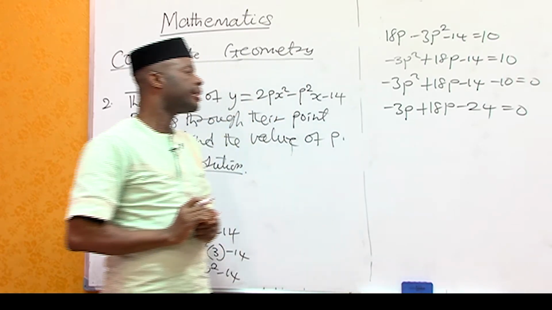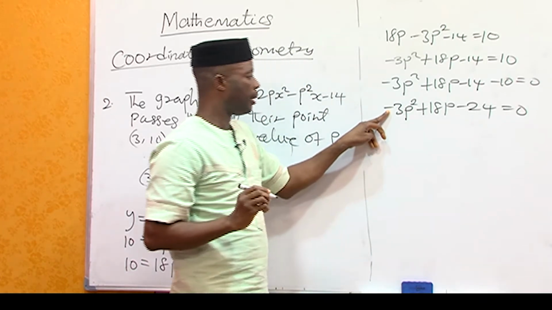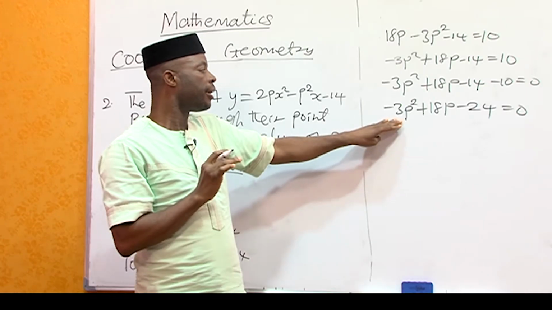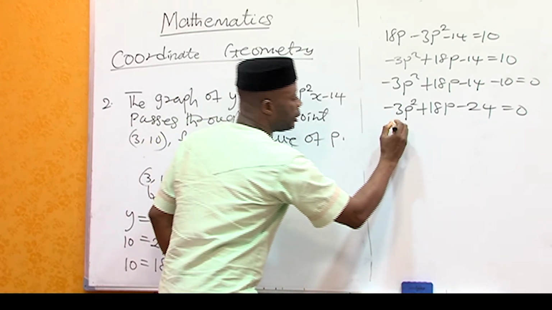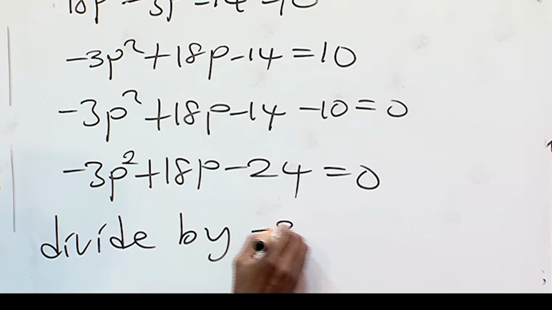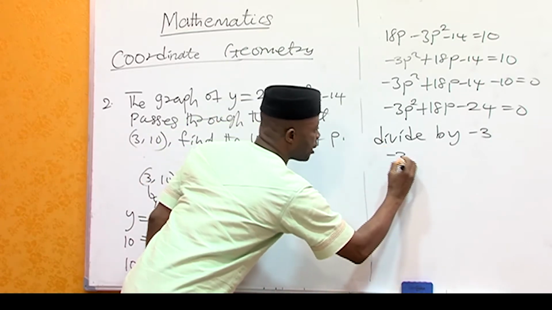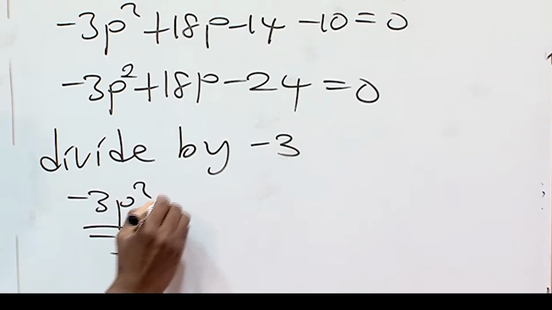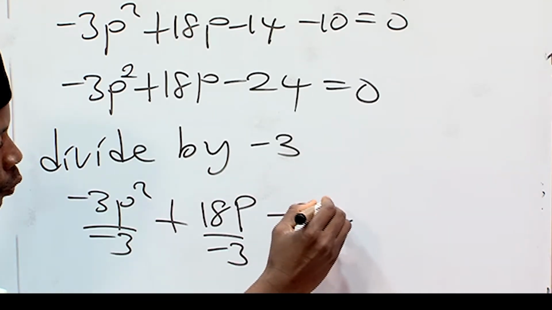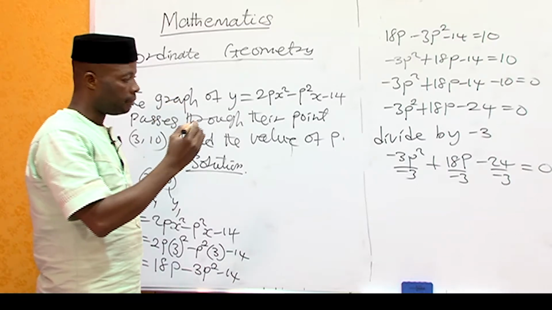Now, the best thing: I have a negative sign and there is a square here. So I want to divide both sides by the coefficient of that p squared to free the p squared. Now divide by minus 3. Minus 3p squared over minus 3, plus 18p over minus 3, minus 24 over minus 3, equals 0.